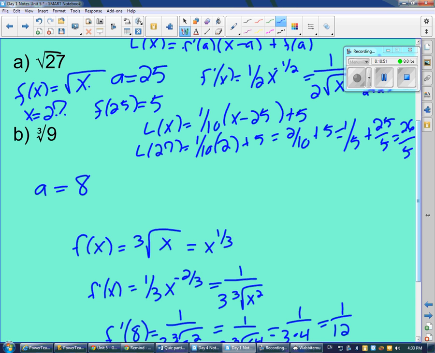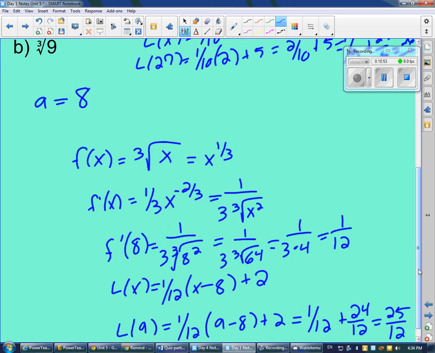And I'm going to let my function be the cube root of x, because we're going to approximate f of 9 with L of 9. But we have to pick a perfect cube so that we can write the L of x equation. So that is 8. So we write our function, the cube root of x, that's x to the 1/3.